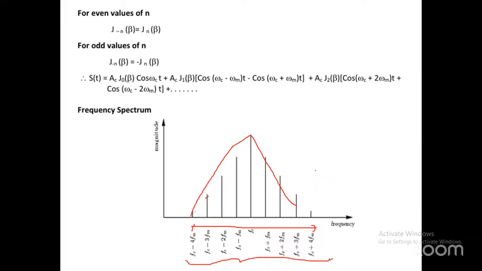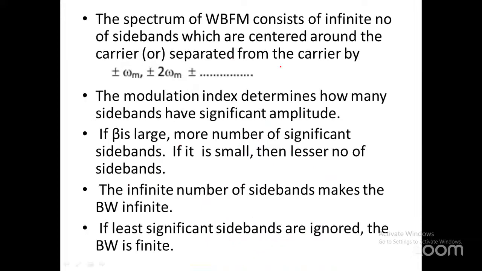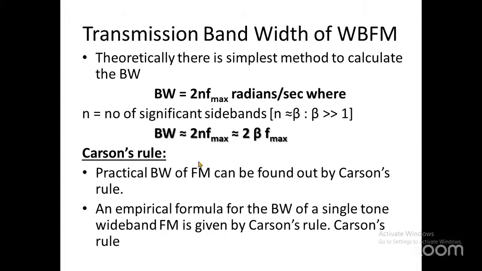So to overcome that, that is, to have the significant bands, Mr. Carson has given a rule called Carson's rule. The transmission bandwidth defined by Carson, the Carson rule, is the bandwidth formula for wideband FM in the frequency modulated signal.